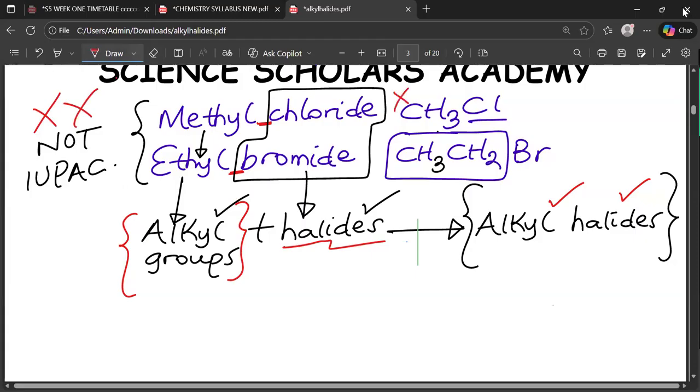You write ethyl bromide, they are going to cross your work. Why have I given you those common names? Those are what they call common names, but not IUPAC names. Why? So that the term alkyl halides comes out. Alkyl for alkyl group. Halide showing that before, we had the halogen reacting to form the halogen compound. As simple as that. The nomenclature is going to come.